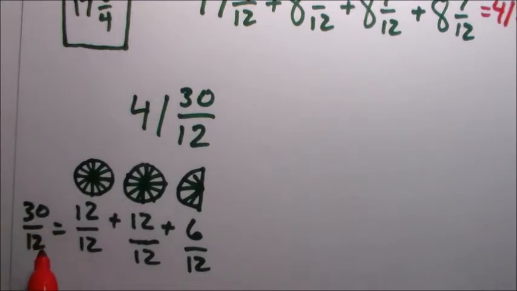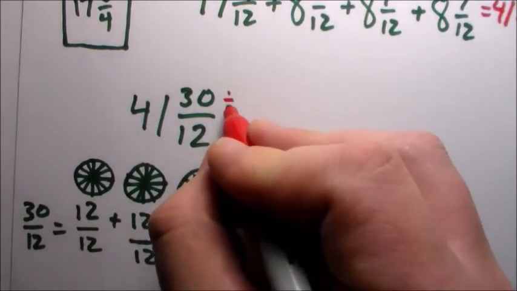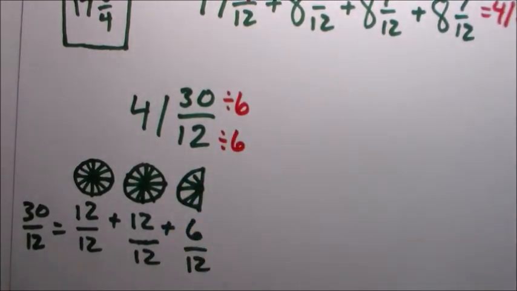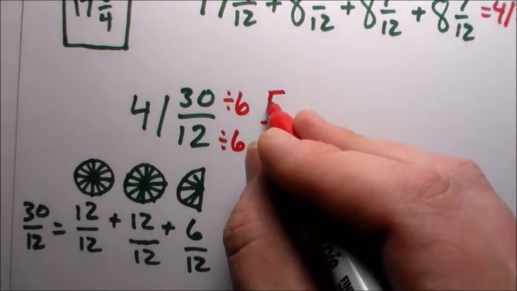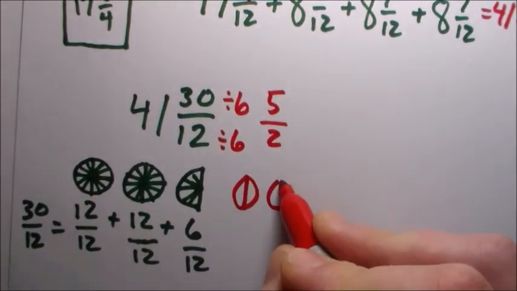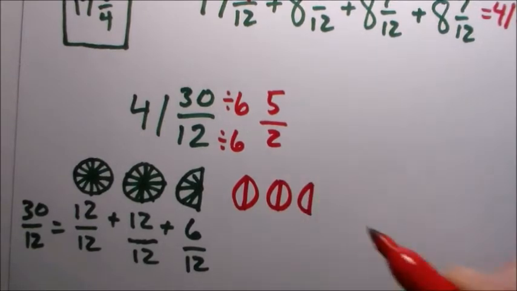Well, you can think of 30 twelfths like this. 30 twelfths equals 12 twelfths plus 12 twelfths plus 6 twelfths, right? Because 12 twelfths is 1, 12 twelfths is 1, and 6 twelfths is 1/2. Or you could divide your numerator and your denominator both by 6, and you'll get 5 halves. You can think of 5 halves as 1, 2, 3, 4, 5.